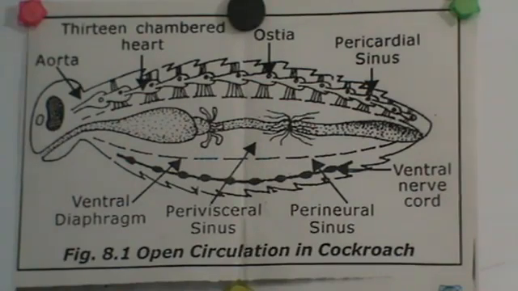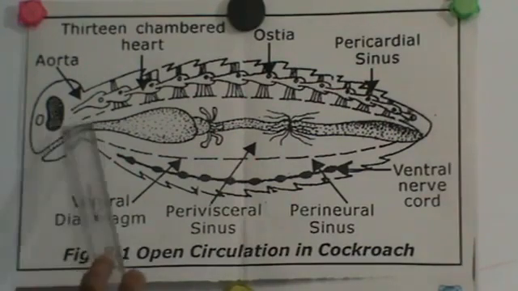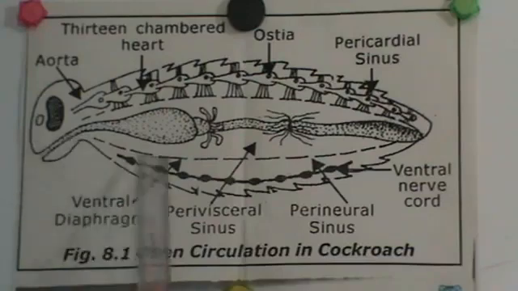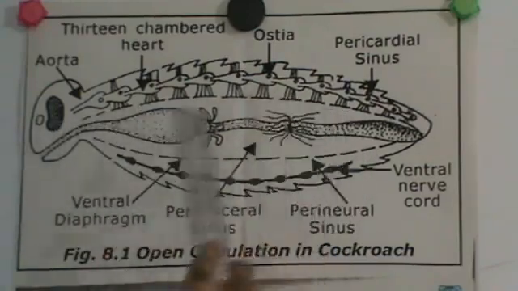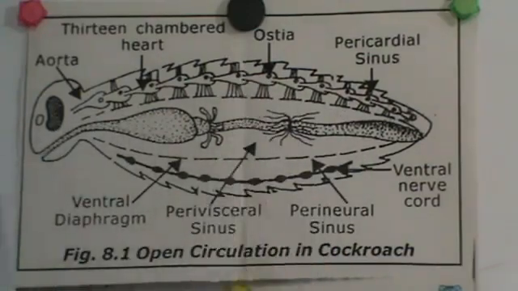There are three main sinuses. They are formed by the dorsal and ventral diaphragm. Here is the dorsal diaphragm, here is the ventral diaphragm. The dorsal and the ventral diaphragm divide the body of the cockroach into three chambers.